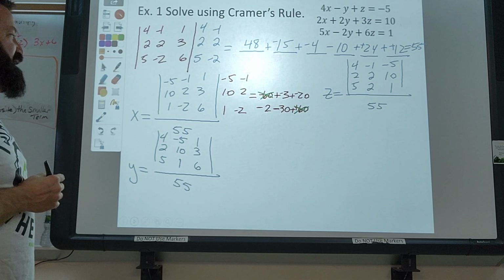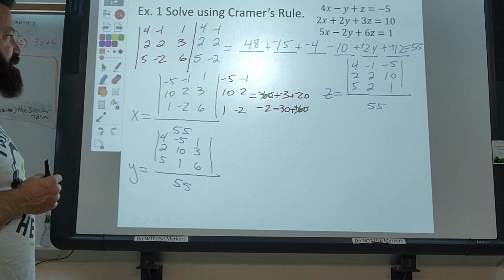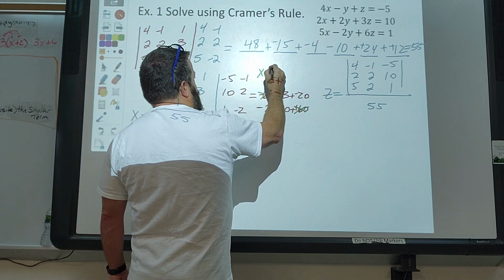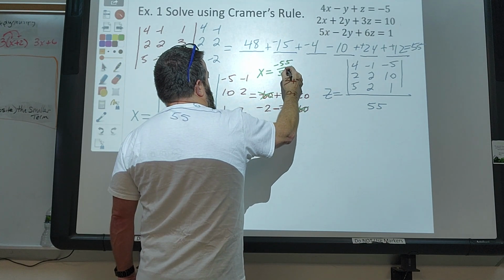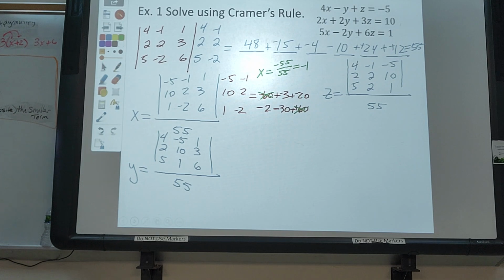And it looks like I have negative 55. Yes. So x, sorry I've written it up here, but I've got negative 55, and then it was already divided by 55, so it means x is equal to negative 1. Which, if you check back that other problem we did, pretty sure we came up with negative 1 for that as well.